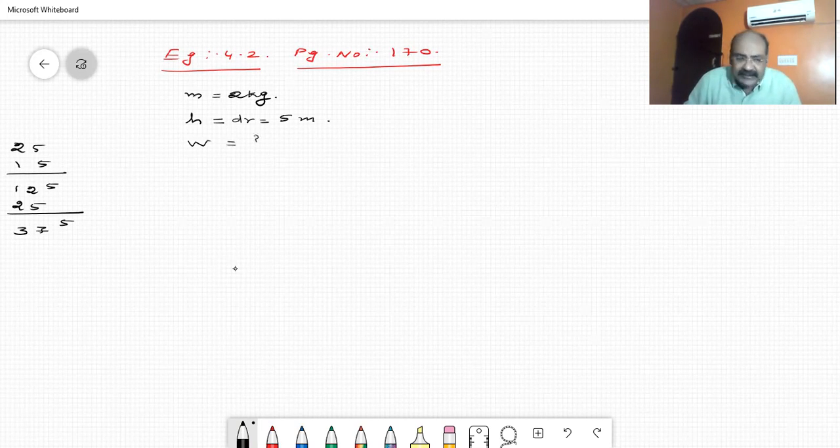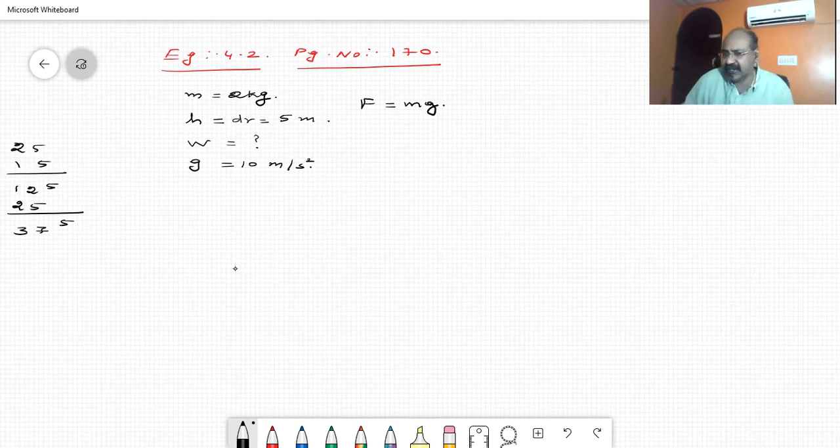So work done is asked. Then g is given, acceleration due to gravity is 10 meter per second square. Since we need the work done by the gravitational force, first calculate the gravitational force F. Gravitational force is nothing but m into g.